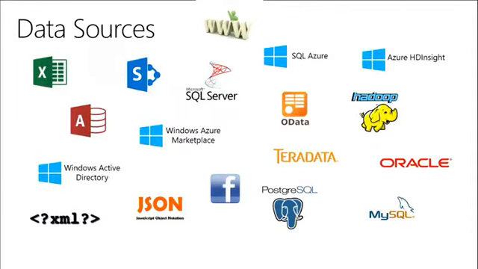If we look at data sources, of course, SQL Server, we could use Windows Azure SQL Database, Entity Insight, Oracle, Teradata, MySQL, or Facebook, XML, Active Directory, anything you can think of, including CSV files and text files.